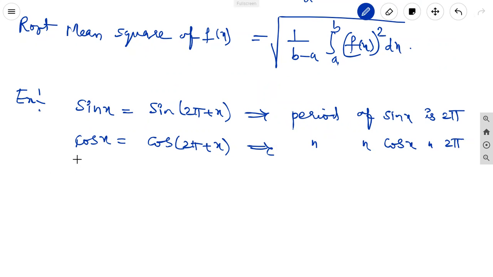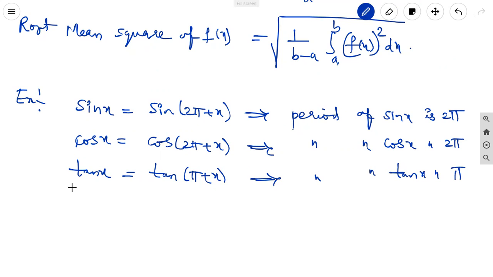In the same way, what is the tan x? Tan x is equal to tan of pi plus x. In the third quadrant, we get the same tan x without any change of the sign. So the period of tan x is equal to pi. Next to cot x. Cot period is also pi only, pi plus x. In the third quadrant, tan and cot are positive.